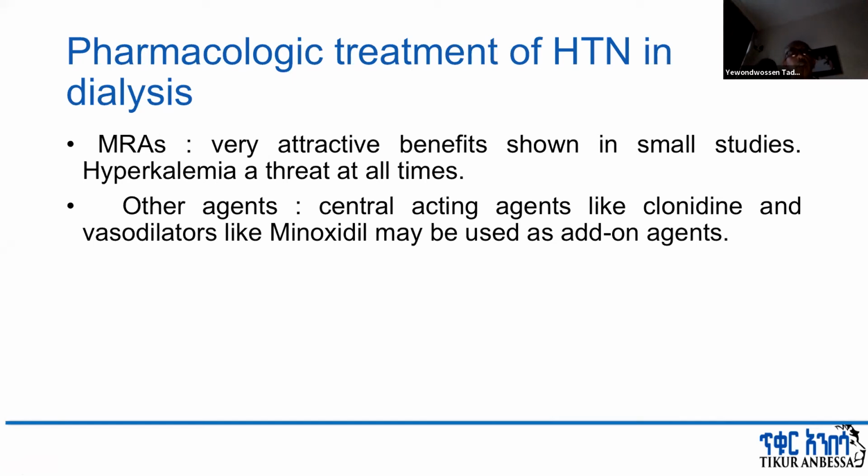But there are small studies to indicate that discontinuation of mineralocorticoid receptor antagonists occurs in less than 20% of patients who are given MRAs among dialysis patients. So they can be safely used in a large proportion of patients. And MRAs, as you know, are very useful in the management of resistant hypertension, as was discussed by the earlier presenter.